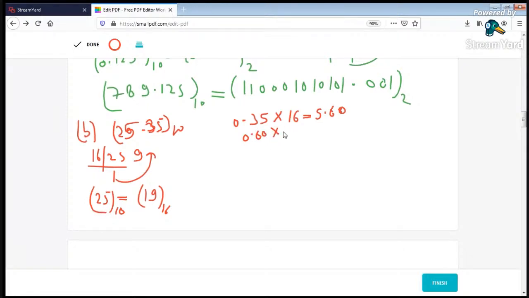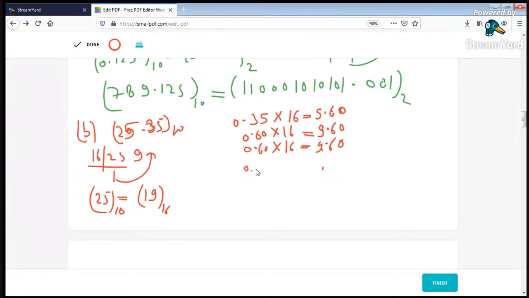So 0.60 into 16 gives 9.6. Again, 0.60 multiplied by 16 gives 9.60. This process will continue repeating, so you can stop your iteration after 3-4 calculations. I am stopping now because we keep getting 9.6, 9.6, 9.6 and so on.